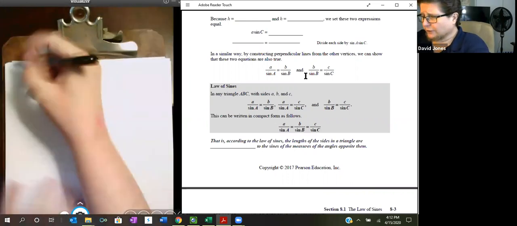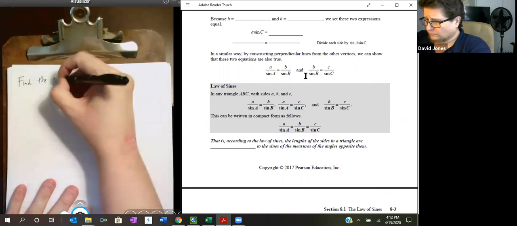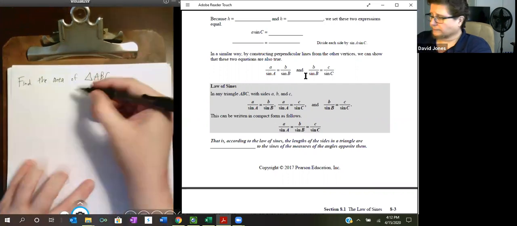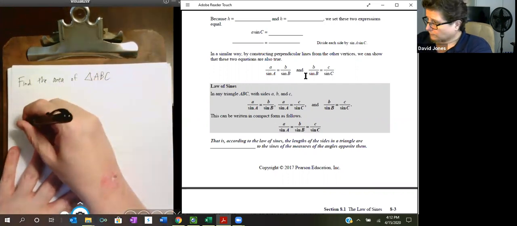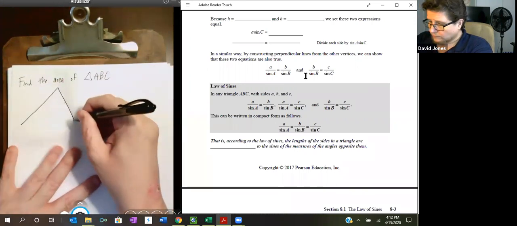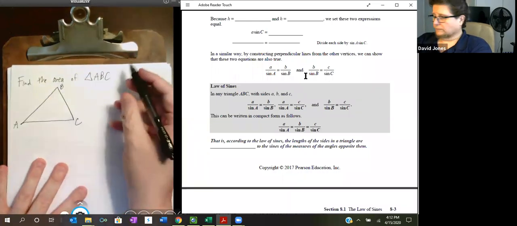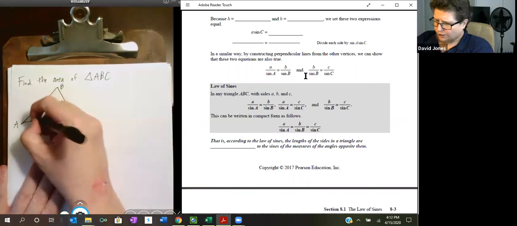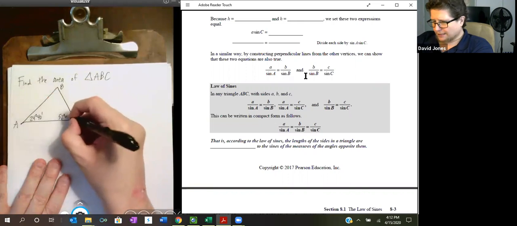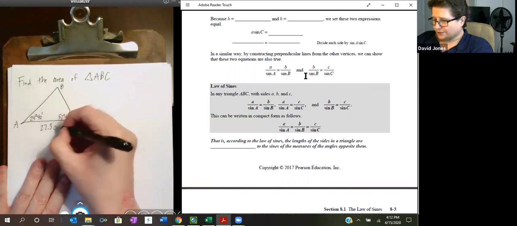Find the area of the following triangle. This is going to be 24 degrees, 40 minutes, 52 degrees, 40 minutes. This will be 27.3 centimeters.